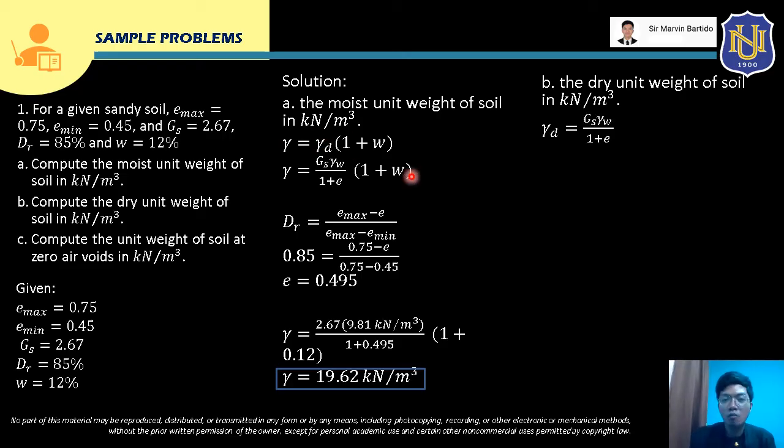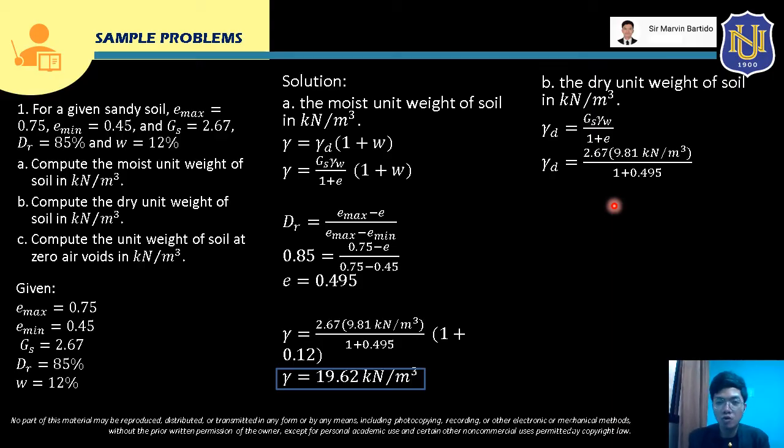But we can also directly use the formula for gamma dry, which is G sub S times gamma water over 1 plus E, since we already have G sub S and E. So this will be 2.67 times 9.81 kilonewton per meter cube over 1 plus 0.495, which is 17.52 kilonewton per meter cube.